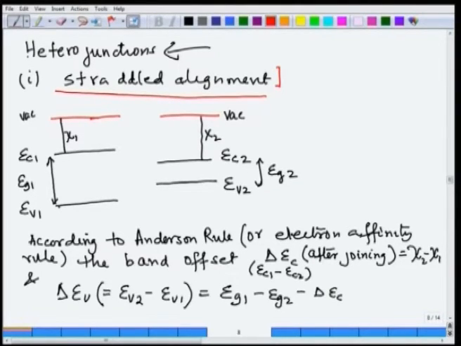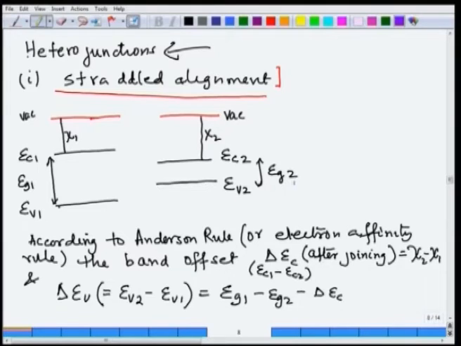In that case, as we are showing in this picture, this is the vacuum level for one material, which has the electron affinity psi 1. Its conduction band level is EC1, its valence band level is EV1, and band gap is EG1. It is a larger band gap, and the other band gap is straddled.